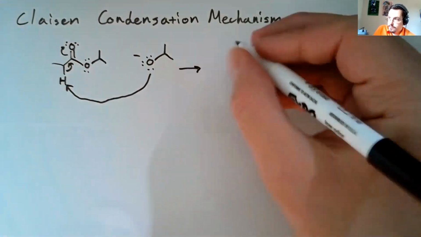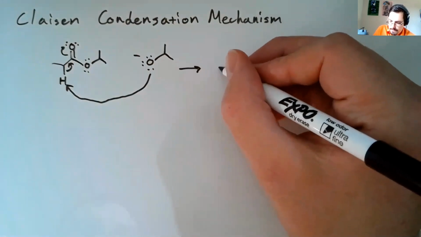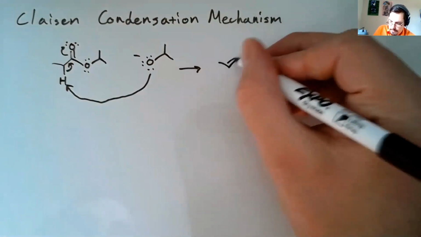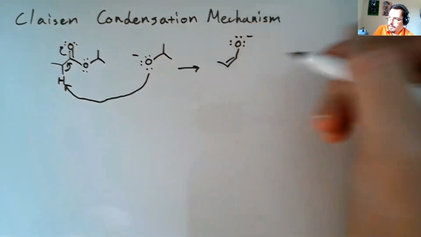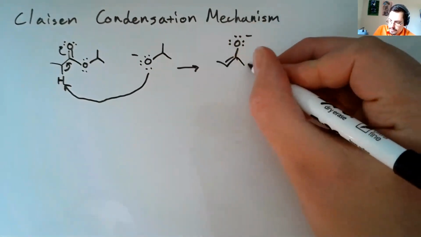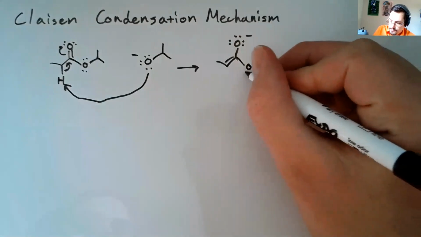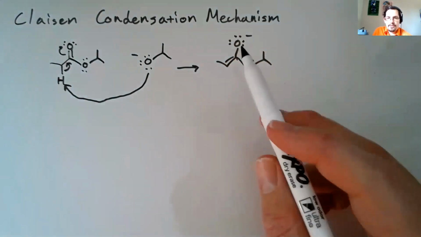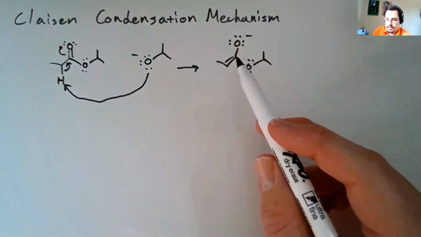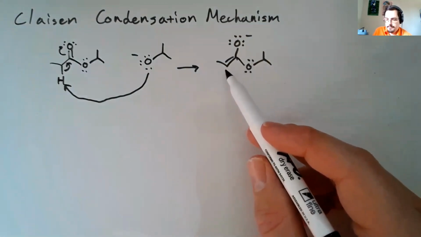So this will lead to our enolate. I'm showing it here with our major resonance structure with the negative charge on the oxygen and our double bond. Our alternative resonance structure would, of course, have the negative charge here on our carbon instead.